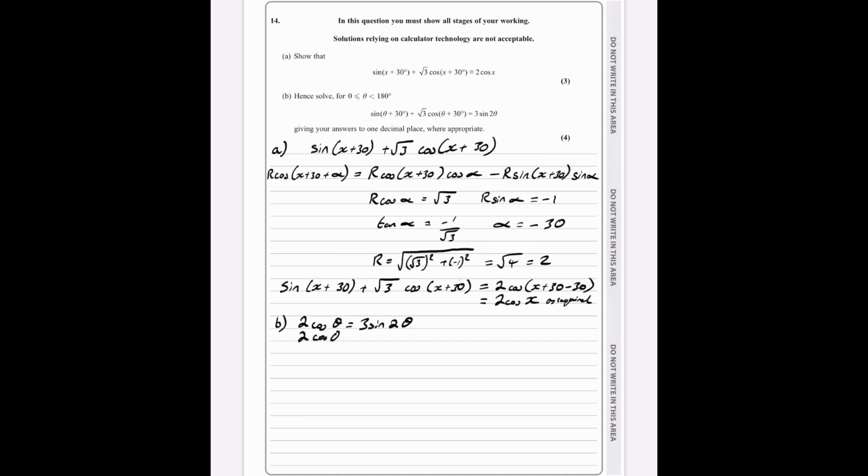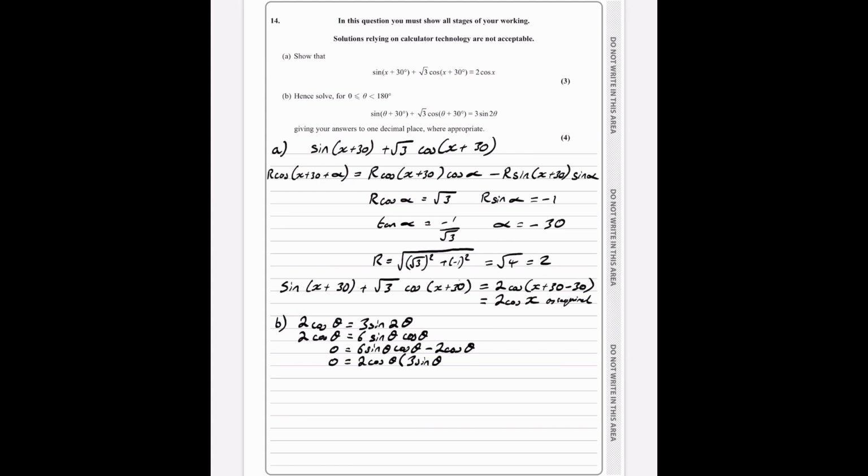That's going to be equal to the 3 sine 2 theta on the right hand side, and using sine of 2 theta equals 2 sine theta cos theta, the right hand side will become 6 sine theta cos theta. Don't be tempted to divide by cos theta here, you'll lose the solution. So bring the 2 cos theta onto the right hand side and factorize out the 2 cos theta.